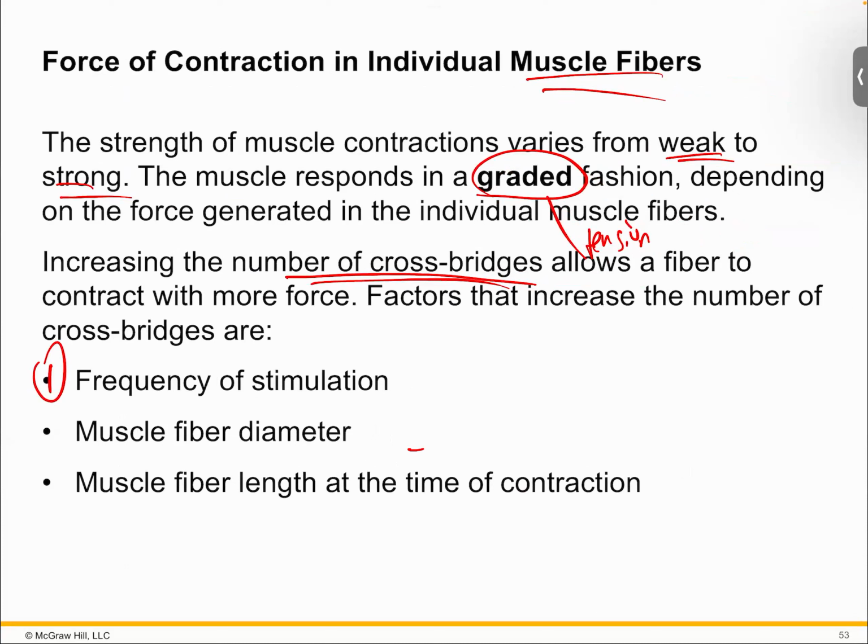I'm going to contract, I'll meet the load, but then it's going to relax, and I'm going to drop it, right? 30 minutes later, I'll do another contraction. So the frequency of stimulation is one way to create this force of contraction. Also, your muscle fiber diameter, that is to say, how much myofibril is in there.